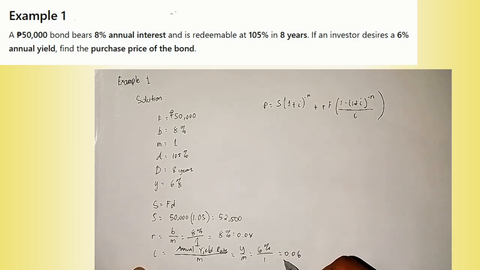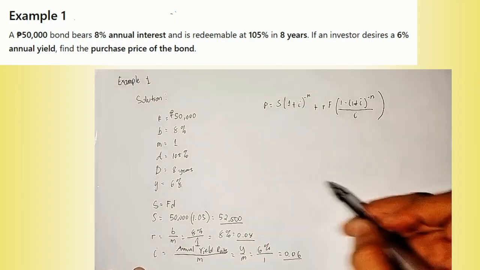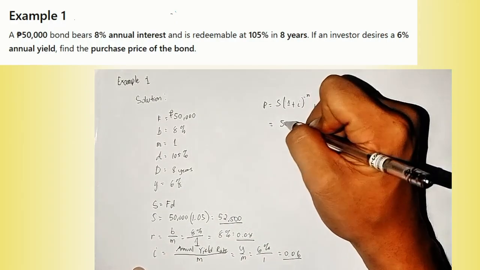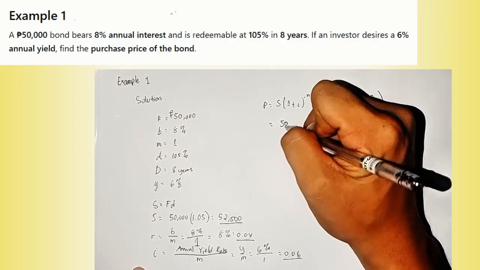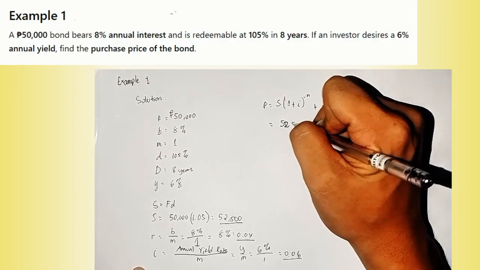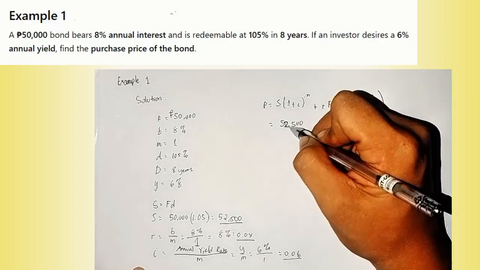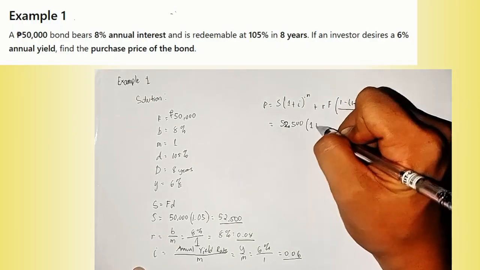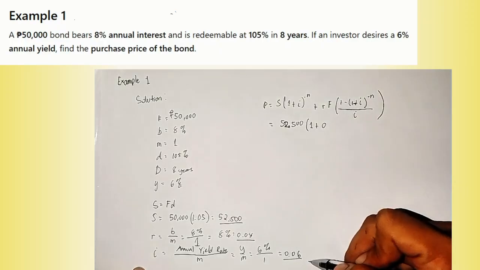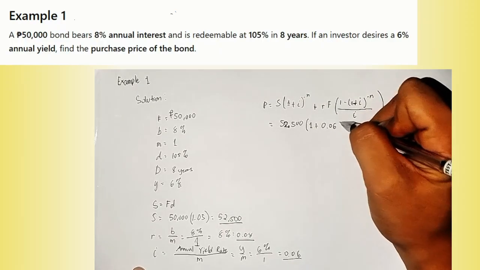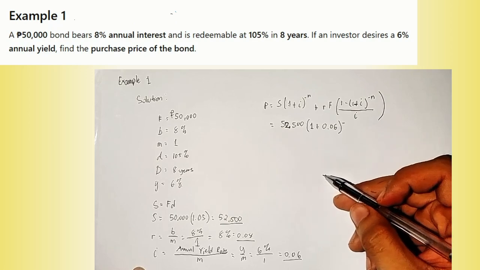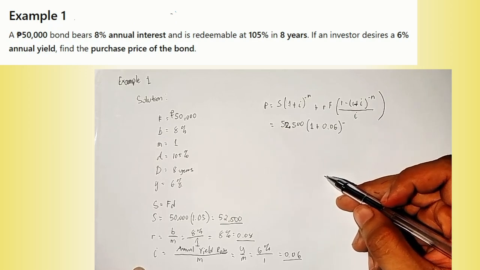Now let's substitute these values into our formula. P is equal to S, 52,500, times (1 plus 0.06) to the power of n. What is our n? We know that n is the number of interest periods remaining until redemption.